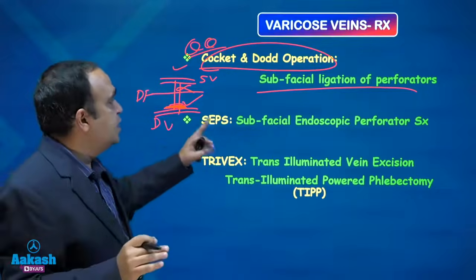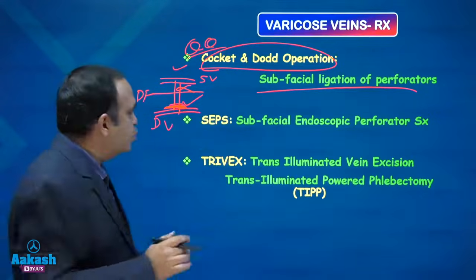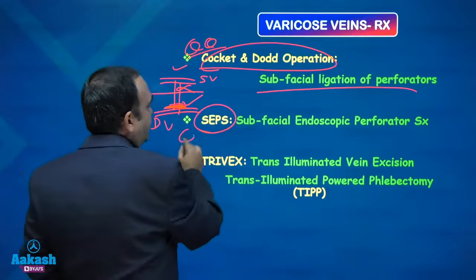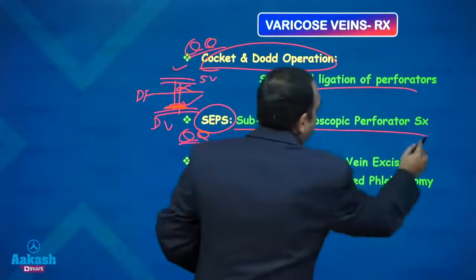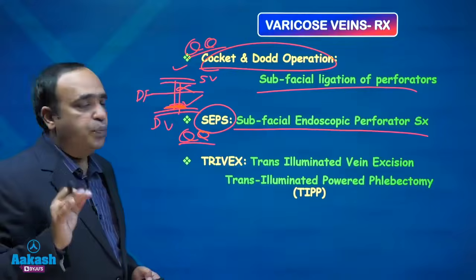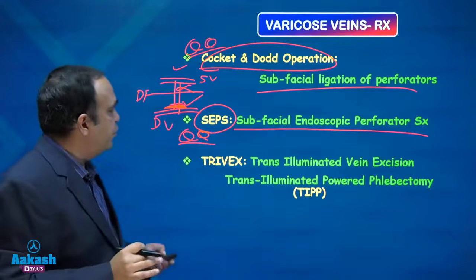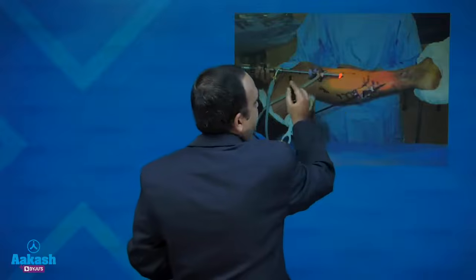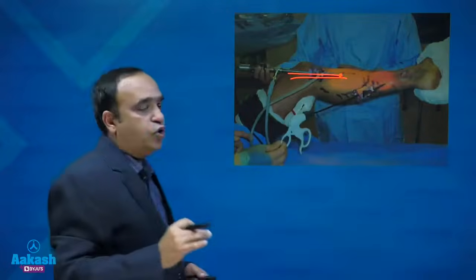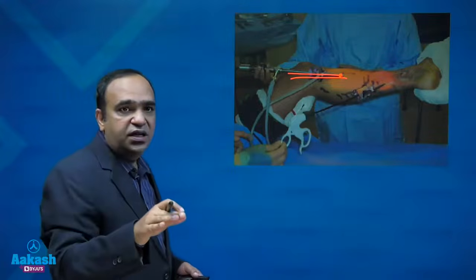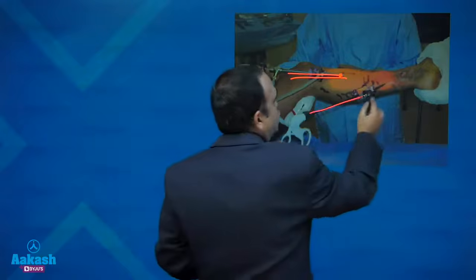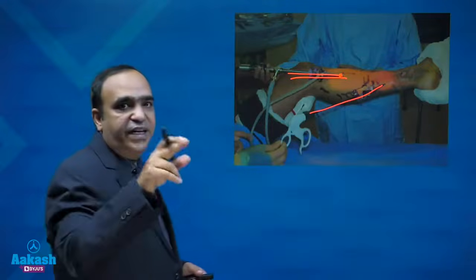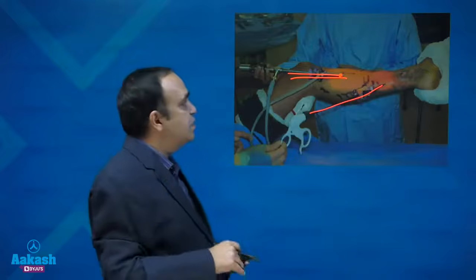So this is open. The same procedure can be done endoscopically also, called SEPS, another very important question. Subfascial endoscopic perforator surgery is the full form of SEPS. As you can see, a small stab incision, the telescope goes inside, go under the deep fascia, and that's the operating instrument, and you ligate and divide all the perforators under the deep fascia.